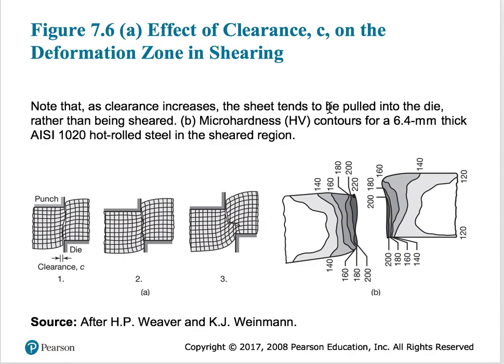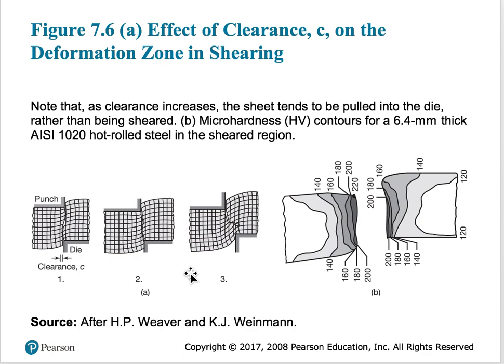The shearing of the plate or the sheet starts when the punch impacts the sheet, and it will start creating a crack on both the top and bottom edges of the sheet.